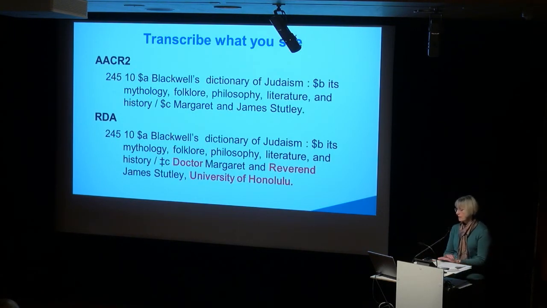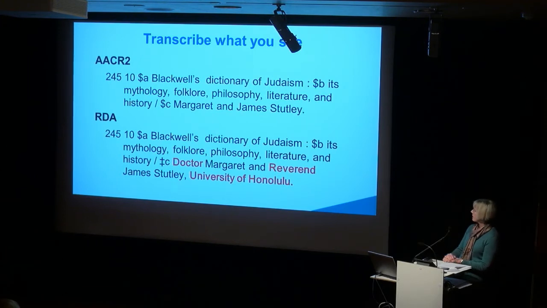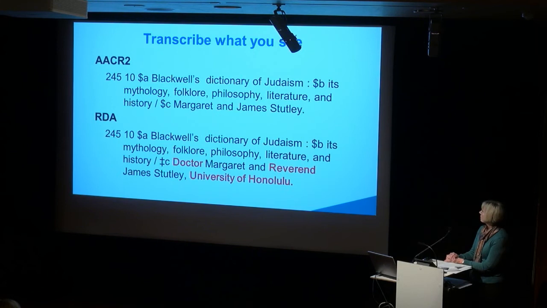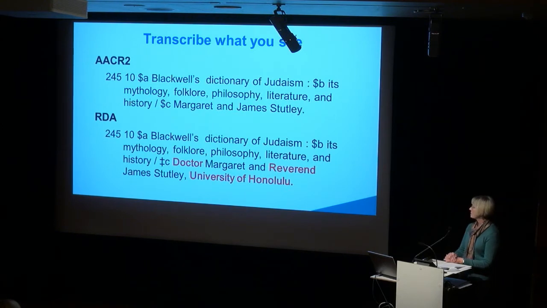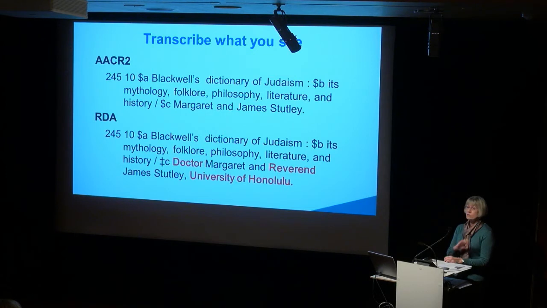So, as an example of transcribe what you see, we would have dropped a fair amount of more descriptive information within the statement of responsibility in this example. On the item, it calls Margaret Stutley a doctor and James Stutley a reverend, and it also gives the place where they worked. We would just put that in.